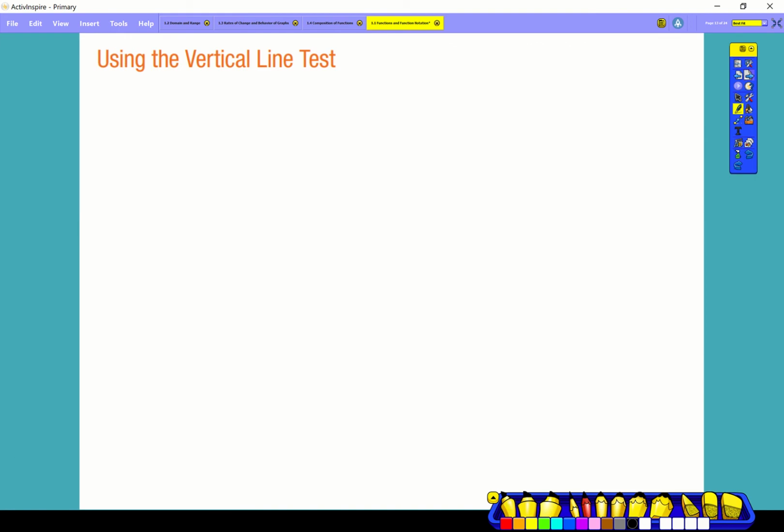So using the vertical line test, you draw a vertical line, right? How many times does it intersect?